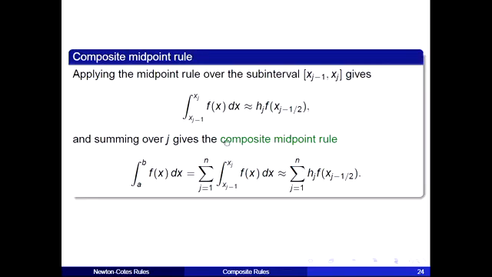And now the midpoint rule. When you define it like this, it gives you this formula. So let me draw a picture.